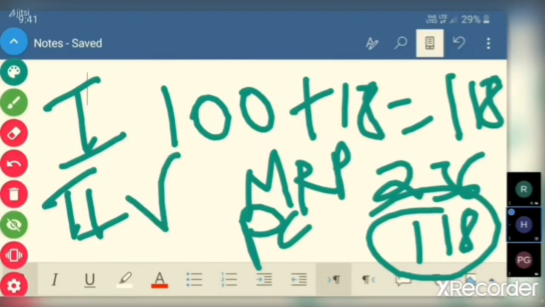We are analyzing composite scheme versus value-added tax concept from the angle of second seller, where purchase cost will remain same. Whether he opts for VAT scheme, whether he opts for composite scheme, purchase cost remains at 118. Okay. What changes? MRP also remains same in this example. 236 only we are taking MRP.